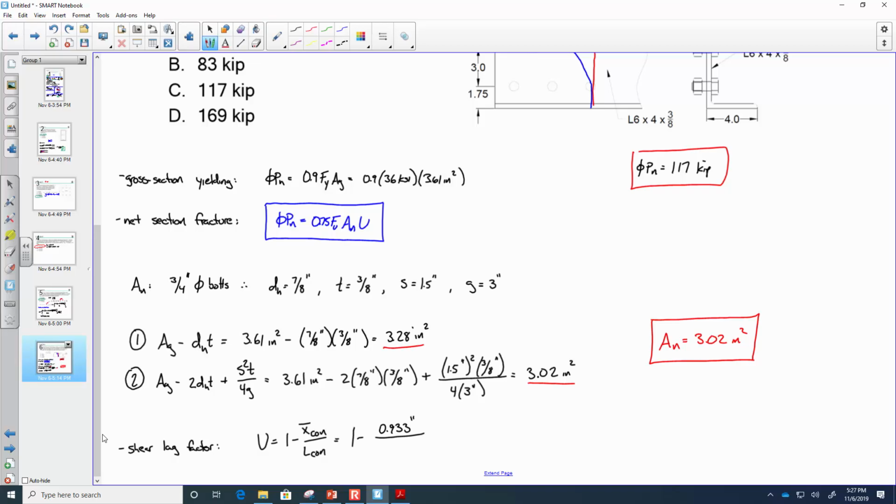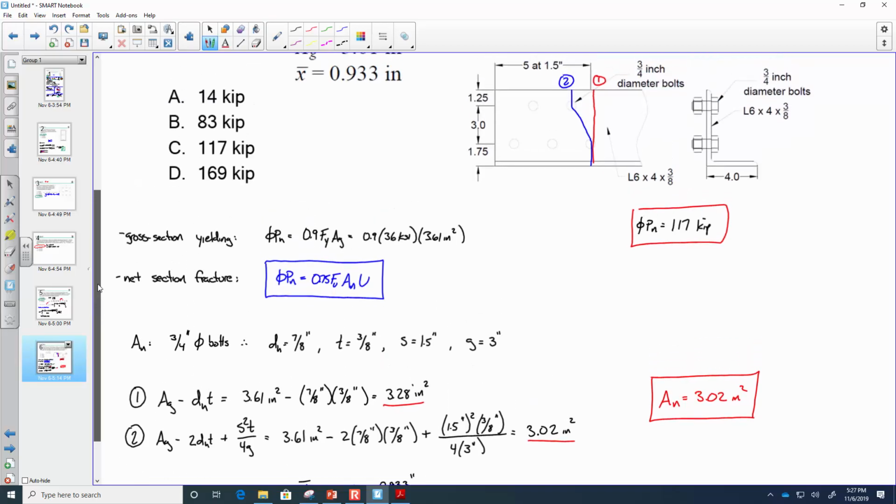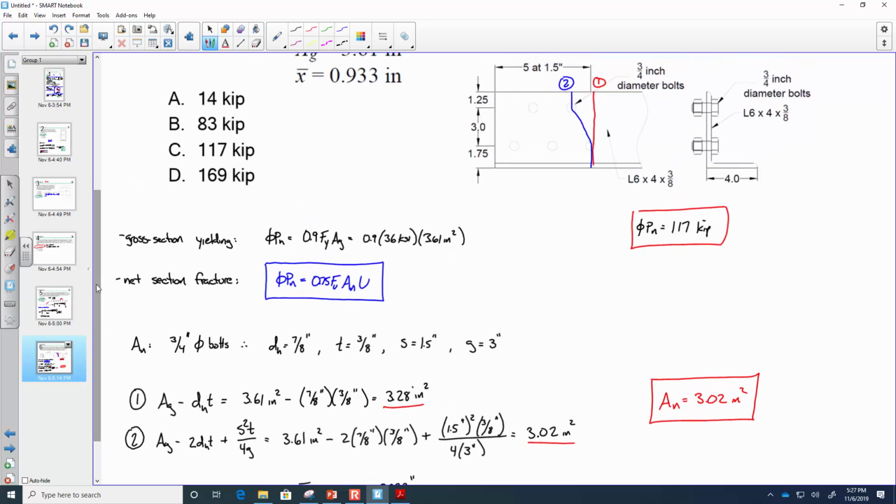Now the connection length. How long is this connection? Does anybody remember how that works?